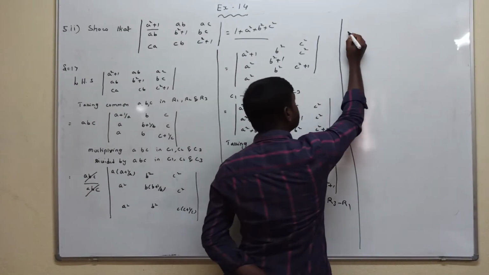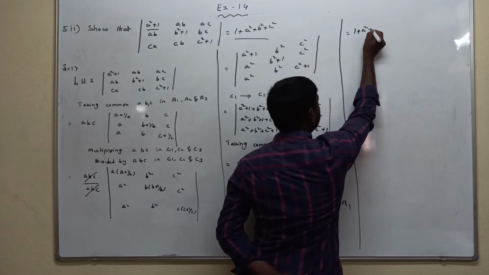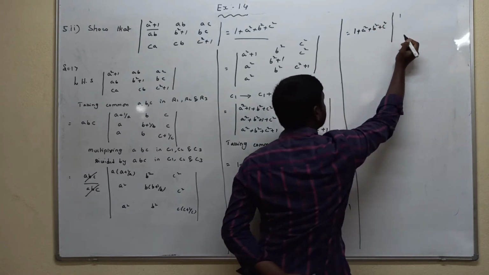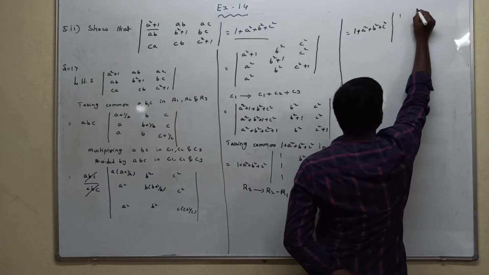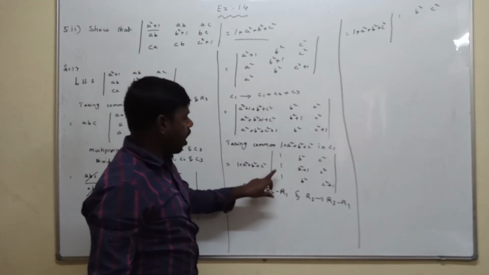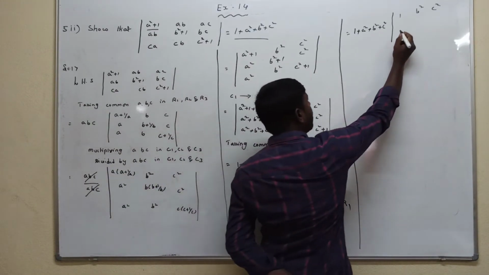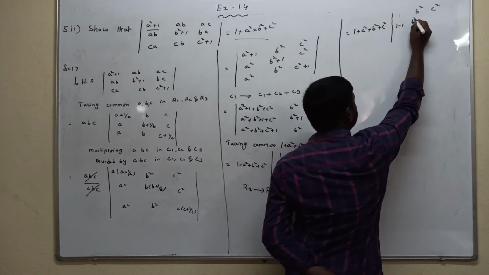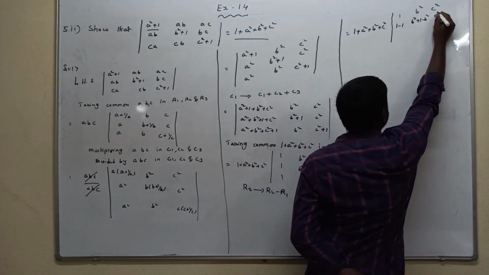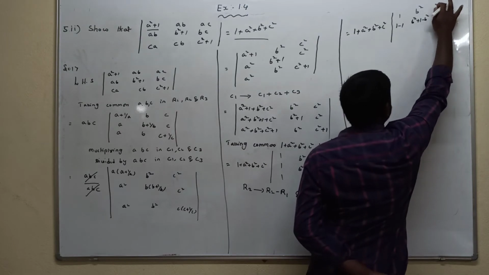So now, 1 plus A square plus B square plus C square times the determinant with first row 1, B square, C square. Now R2 changes to R2 minus R1: 1 minus 1, B square plus 1 minus B square, C square minus C square.